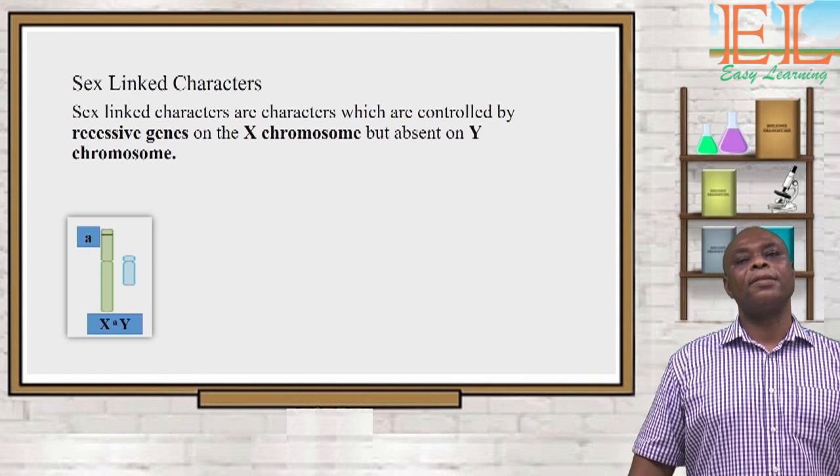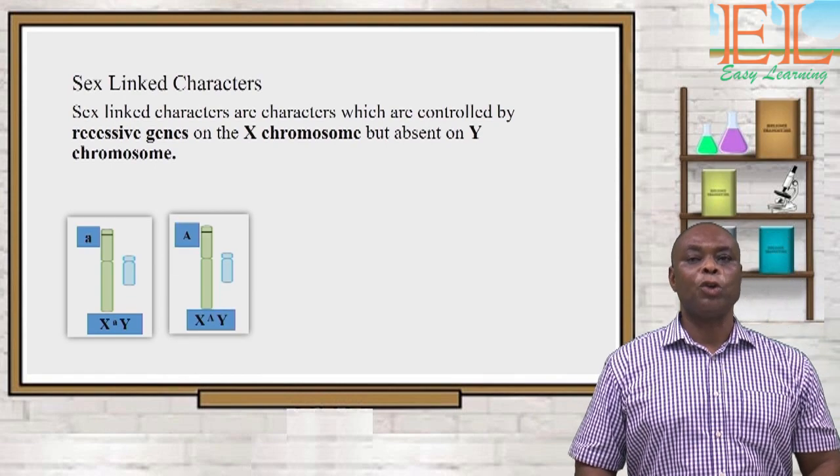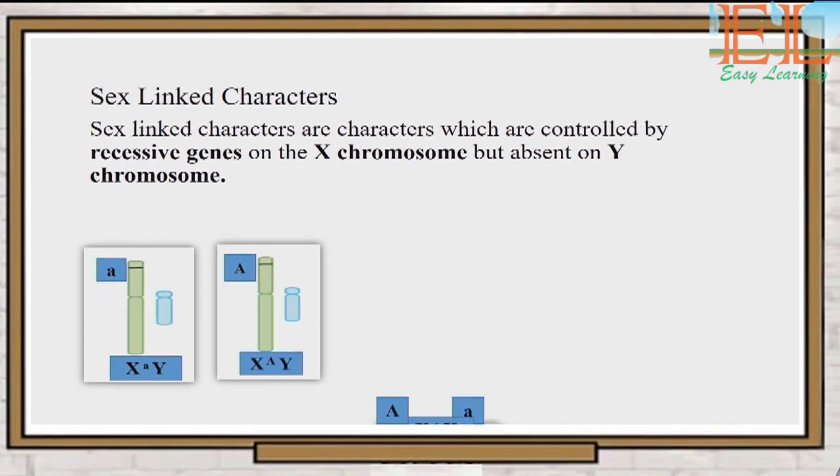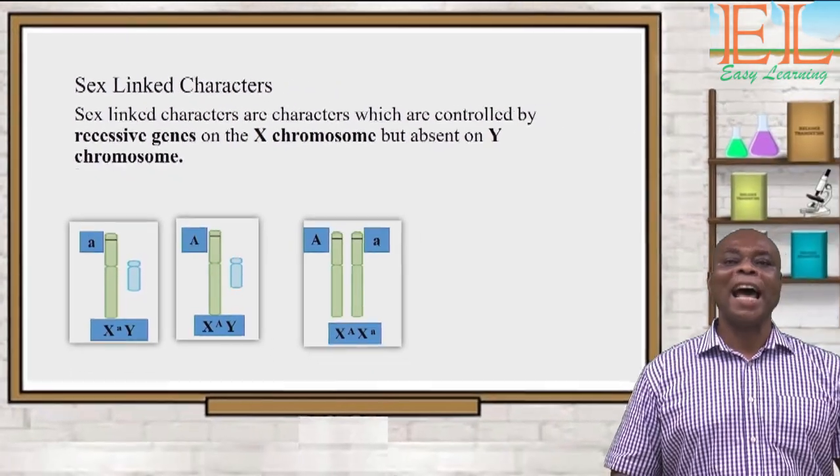Another one is long and short chromosomes, where it represents X and Y. But now on the X, we have a capital letter showing that it has a dominant gene and hence will not have the character. Now let's come to the females. The female has 2 long chromosomes, which are XX.